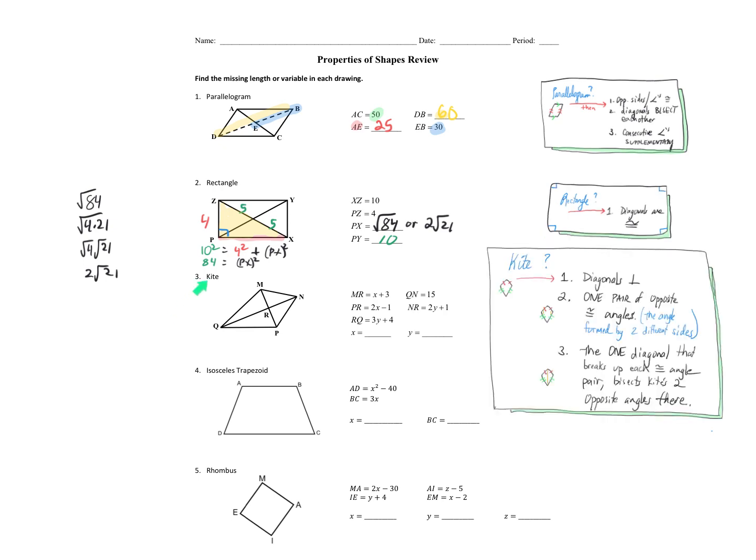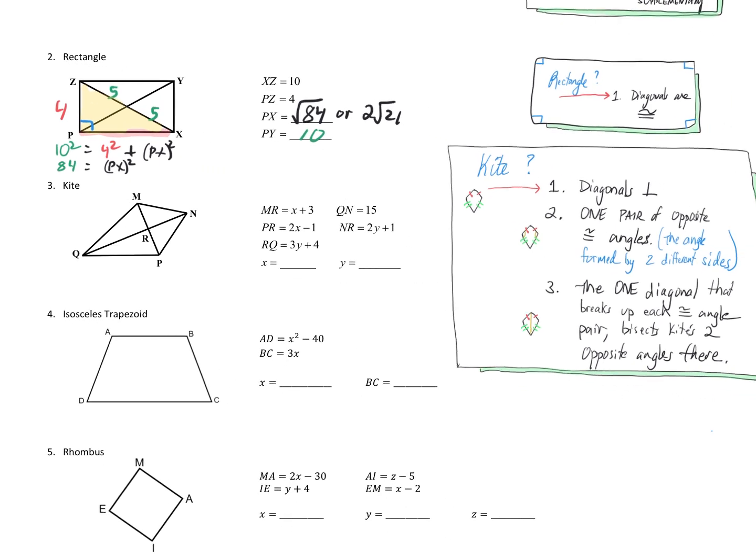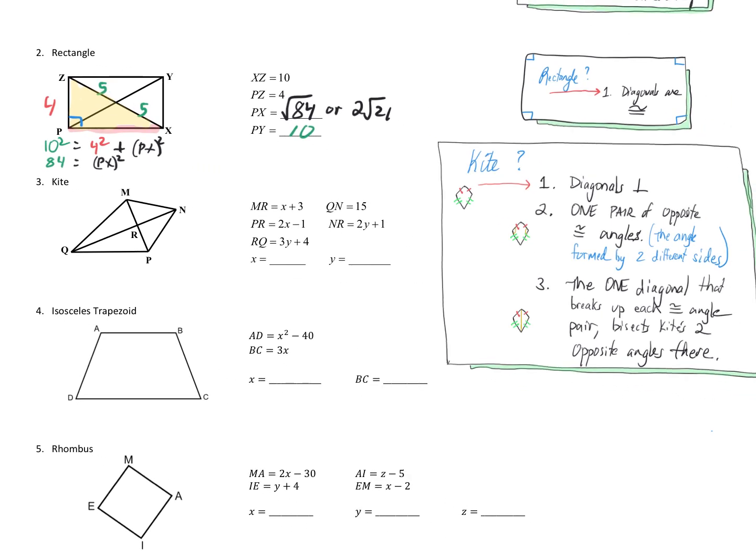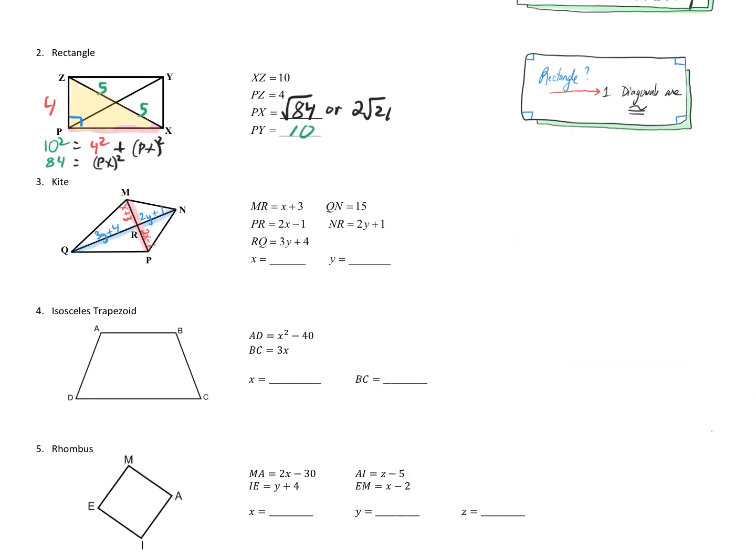Alright, let's take a look at the kite in number 3. Let's start with QN. 15 units is from Q to N, which are these given expressions in blue added together. So 5y, and 4 and 1 is 5, is 15.